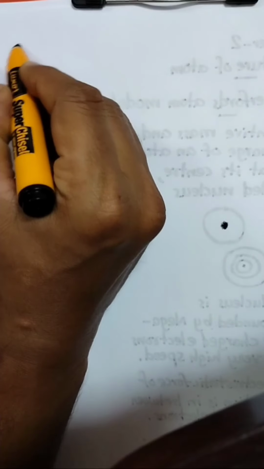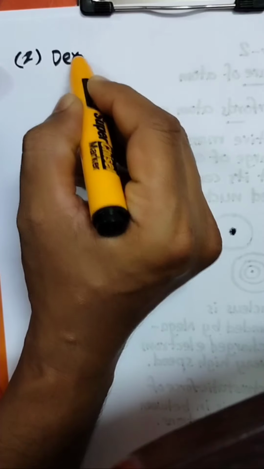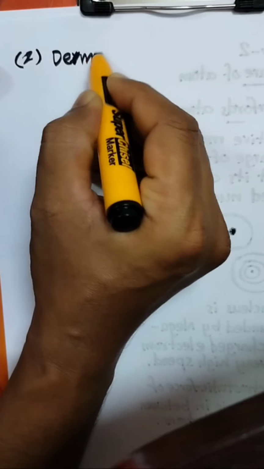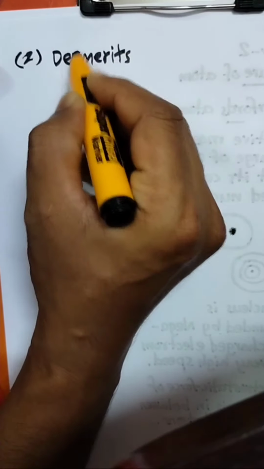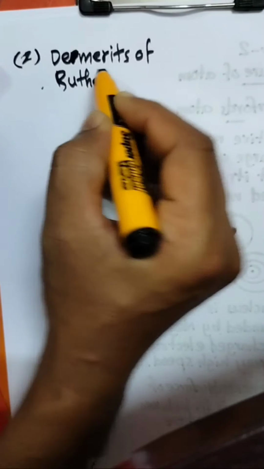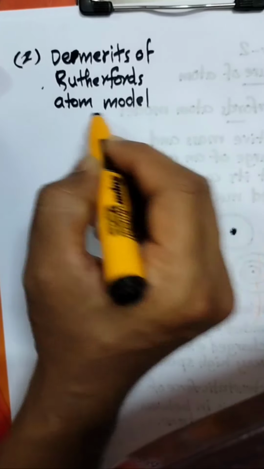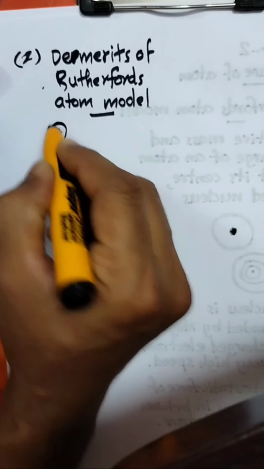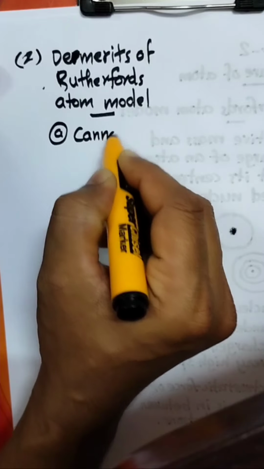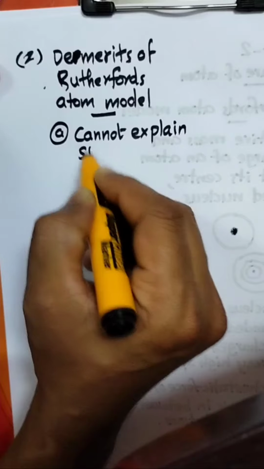Second question, demerits of Rutherford's atom model. First one, cannot explain stability of atom.